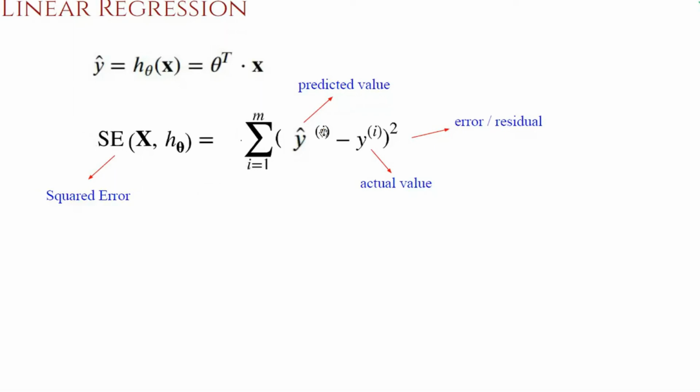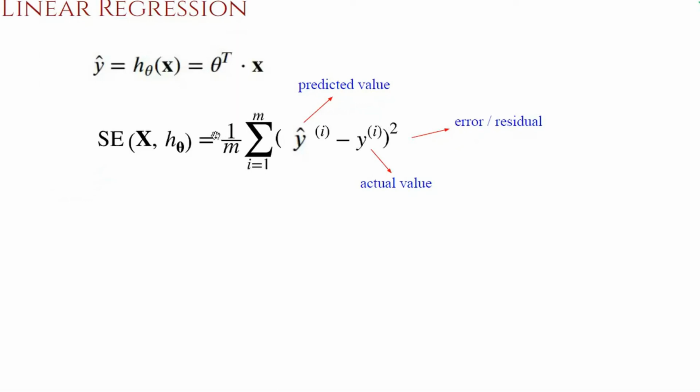The specific reason a 2 is added here is that you have a square term. When you take the first derivative of this equation, the 2 will come. For example, if x square is the expression, what is the first derivative of x square with respect to x? It is 2x.